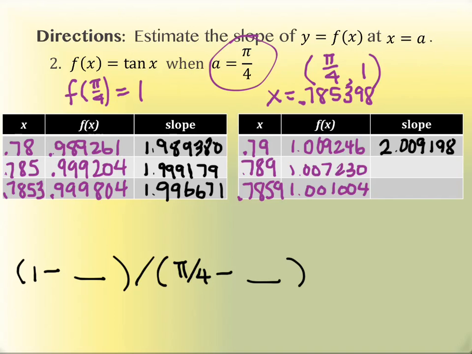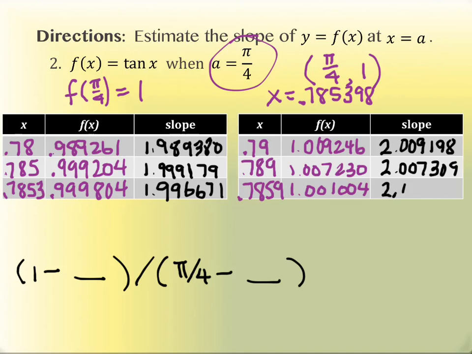Next one, 1.007230. X value is 0.789. This says 2.007309. And then we've got one more to do. 1.001004. 0.7859.